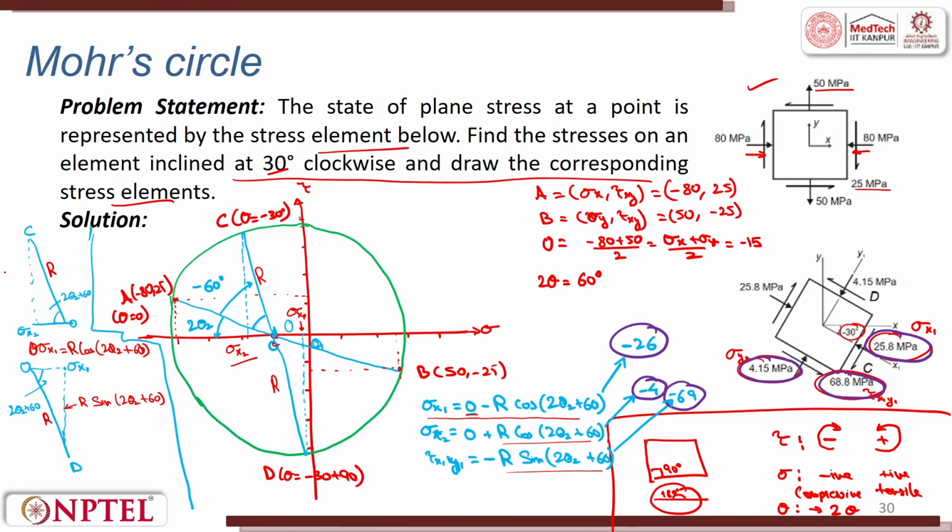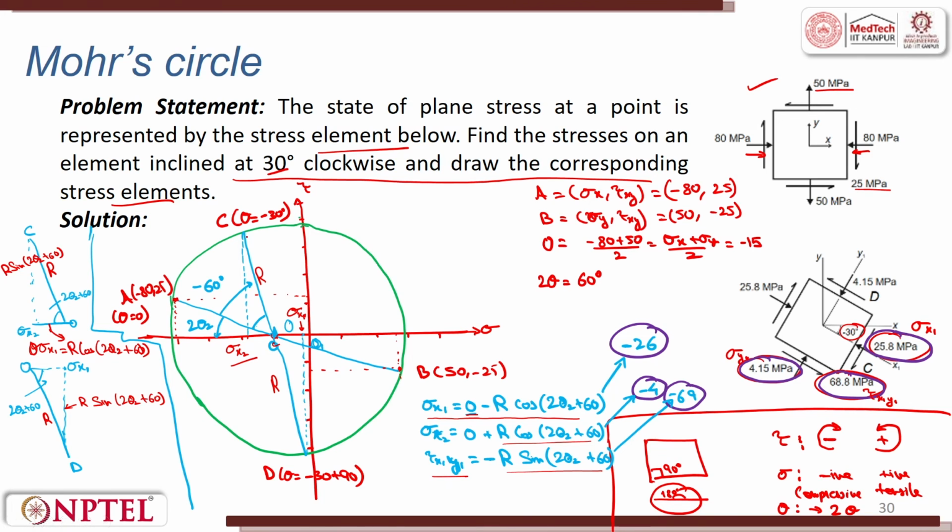So, this becomes r sin 2 theta 2 plus 60, and this component is same as r cos 2 theta 2 plus 60. So, which means my sigma x1 value is when we subtract r cos 2 theta 2 plus 60 from O, this is O, right, and sigma x2 is when we add O and r cos 2 theta 2 plus 60. Now, I am left with only tau x1 y1.